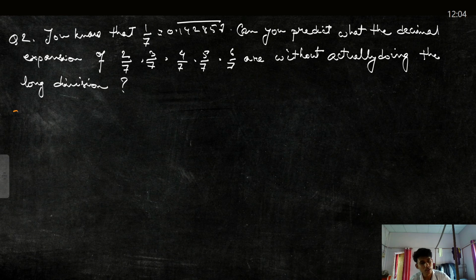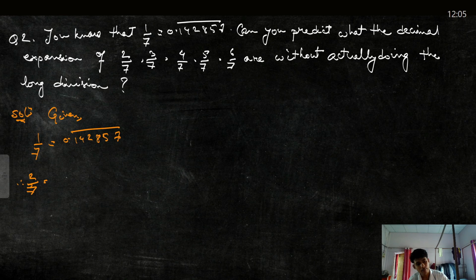Now let us come to the solution part. Now it is given 1 by 7 is equal to 0.142857 bar. Therefore, 2 by 7 is equal to 2 times 1 by 7, that is equal to 2 times 0.142857 bar.